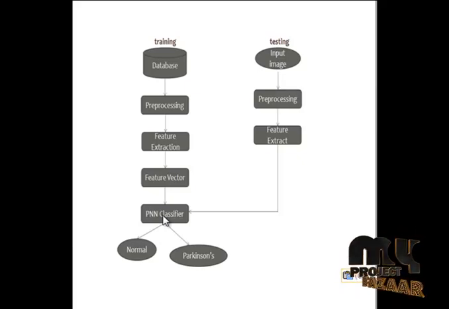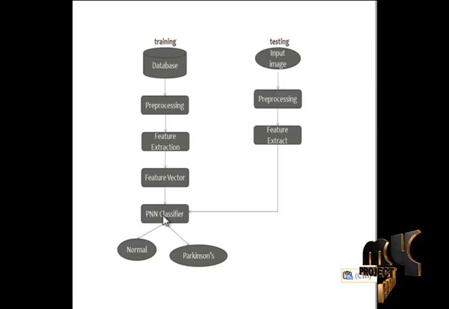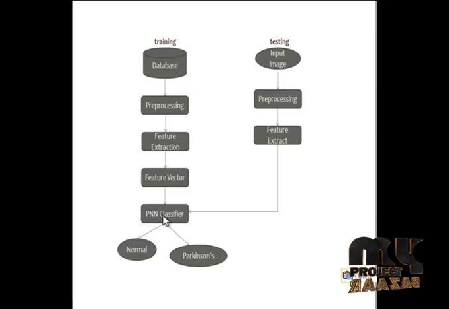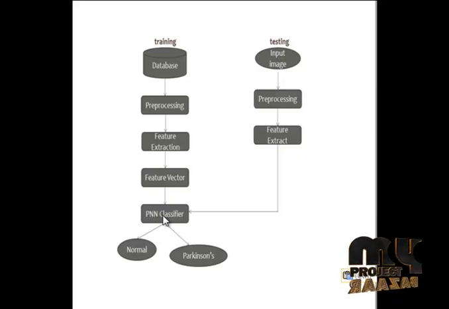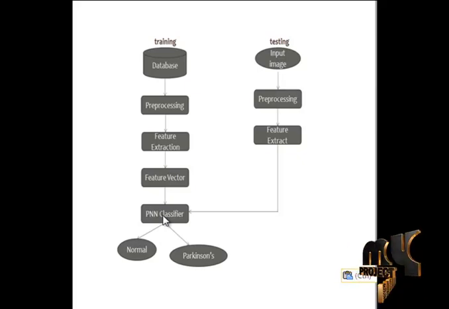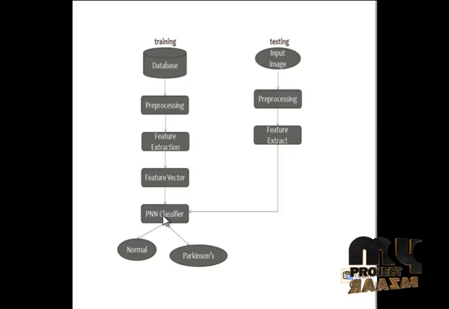PNN is an often used classifier. It was derived from a Bayesian network. When an input is present, the first layer computes the distance from the input vector to the training input vectors. This produces a vector where its elements indicate how close the input is to the training inputs.